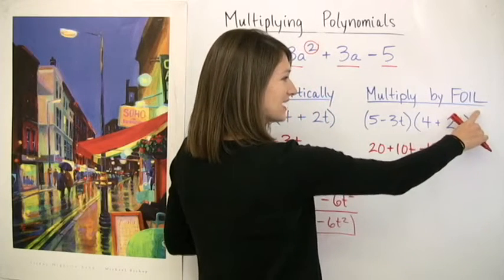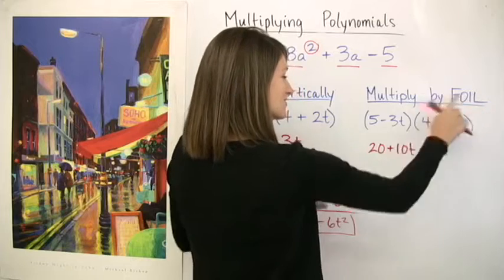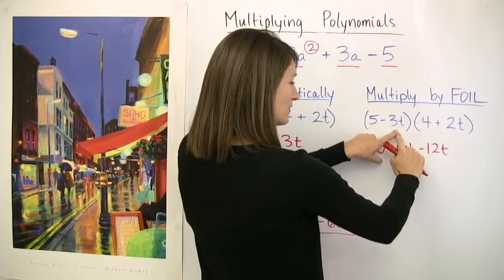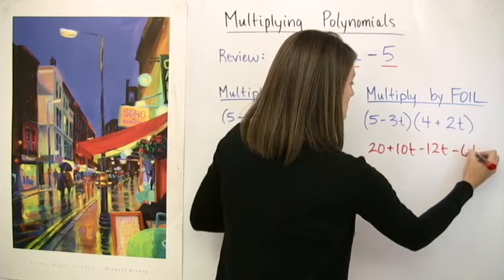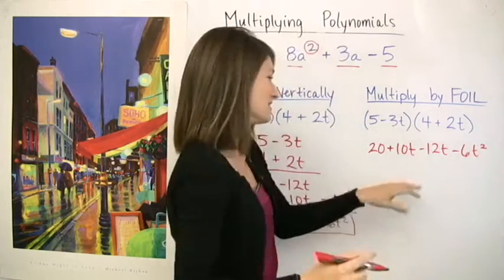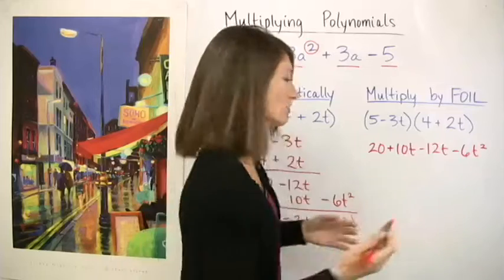And then last is our last. So we have the negative 3t times 2t, which gives us negative 6t squared. Now all we have to do is combine similar terms.